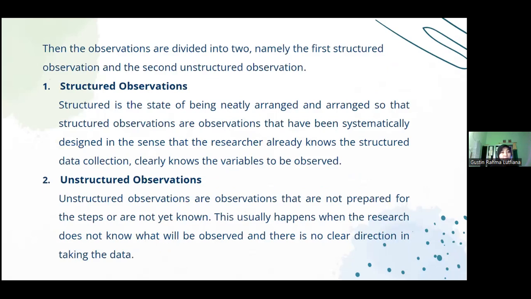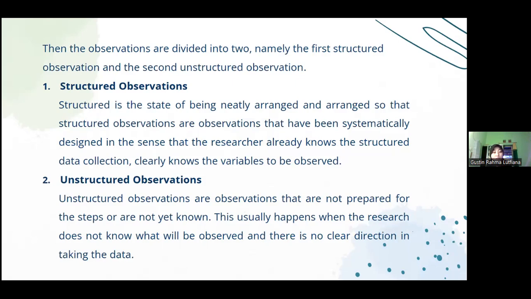And then the observation is divided into two, namely the first is structured observation and the second is unstructured observation. Structured observation is the state of being neatly arranged, so structured observations are observations that have been systematically designed, in the sense that the researcher already knows the structured data collection, clearly knows the variables to be observed.